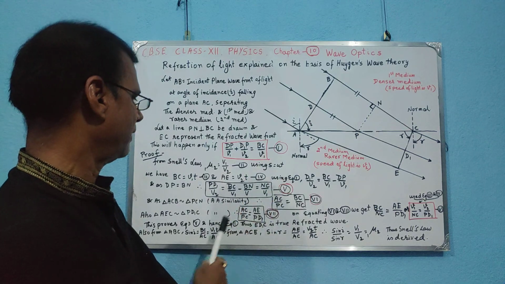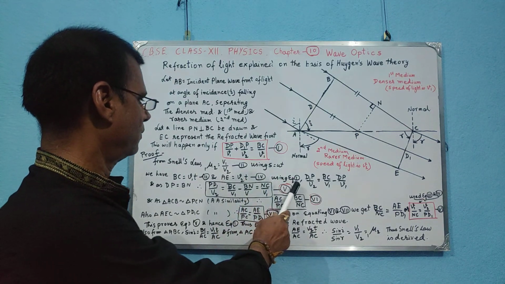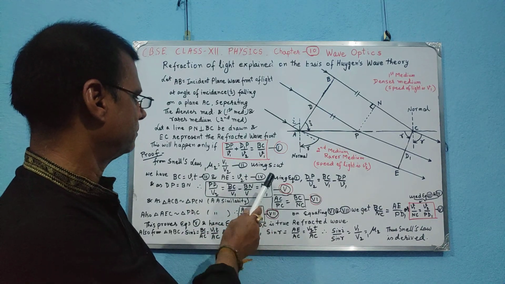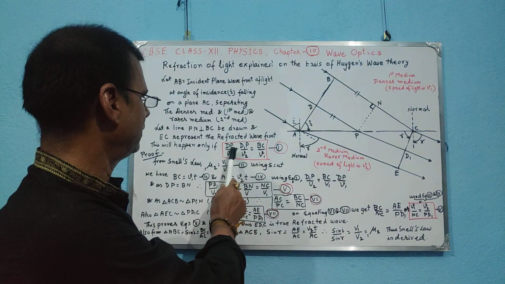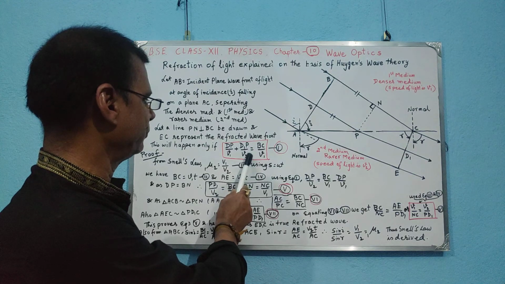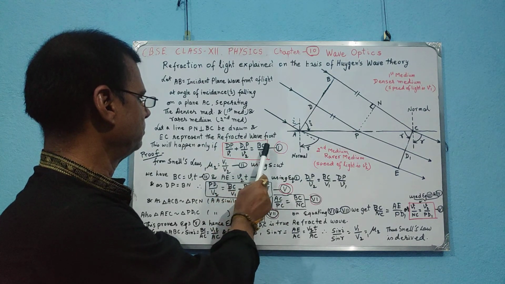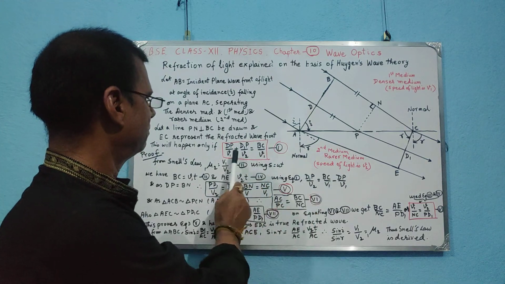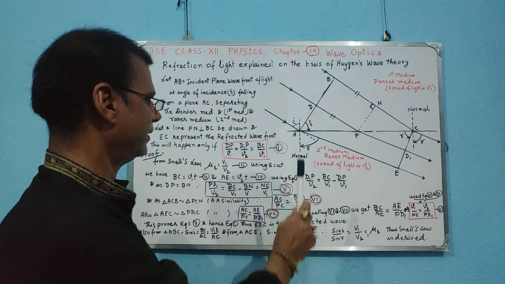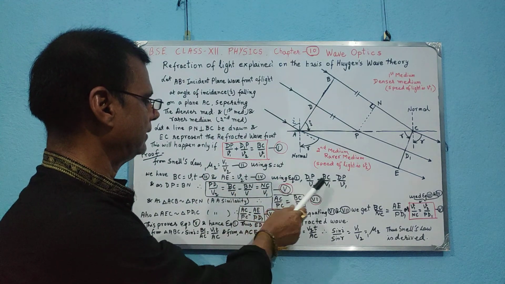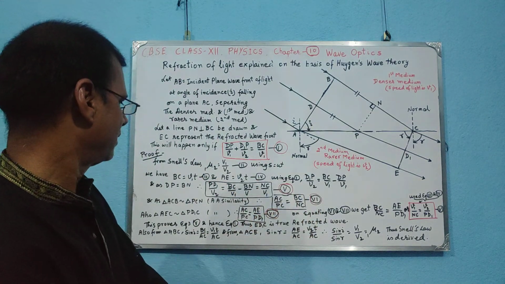Now using equation 1, we can rewrite it as D1P by v2, keeping it on the left hand side, equal to BC upon v1 minus DP upon v1. We are writing equation 1 in a different way.